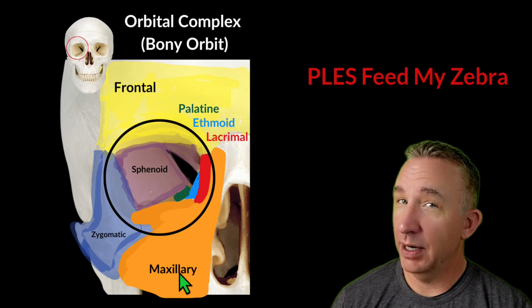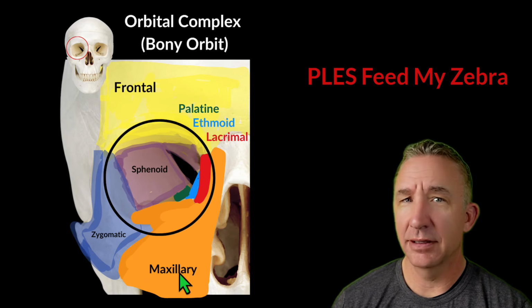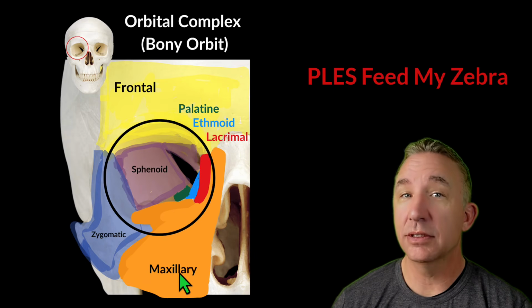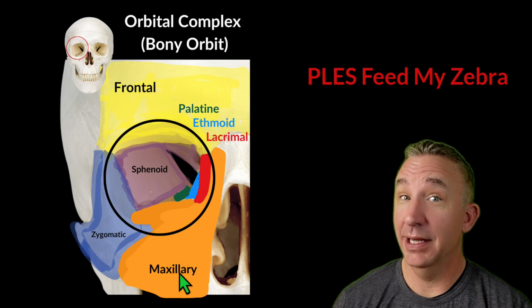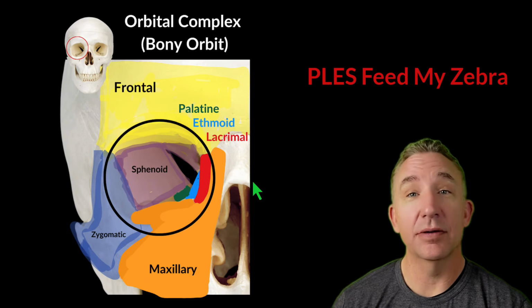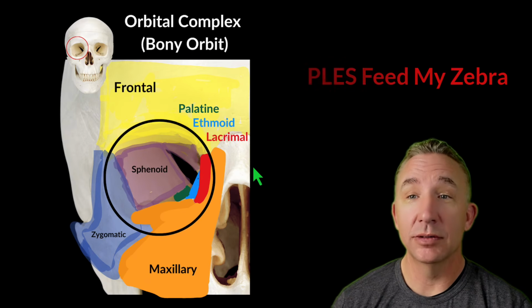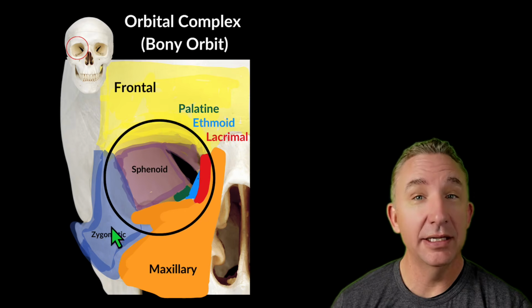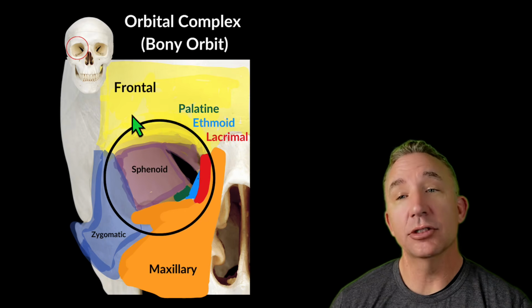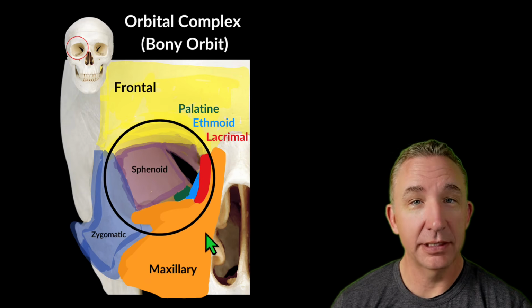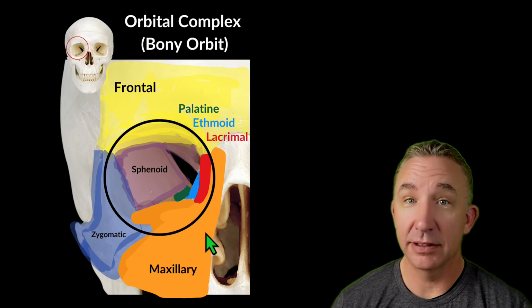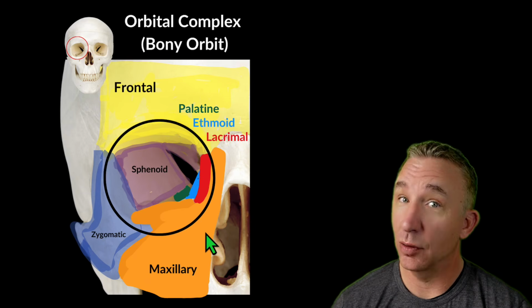Sometimes I'm not a fan of mnemonics, as we've seen in a previous video, because now you're learning something completely different that's not associated with the eye at all, but some students like using them. So please feed my zebra, but please is spelled P-L-E-S. This is how you can remember the 7 bones, but you're already learning them independently. So this is just a concept of understanding the bony orbit or the orbital complex is how these 7 bones fuse together to give me one distinct area to hold my eye.